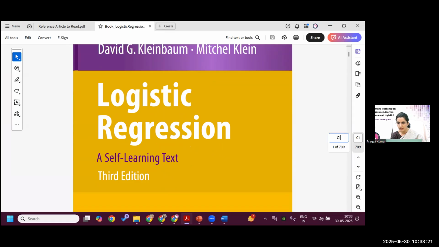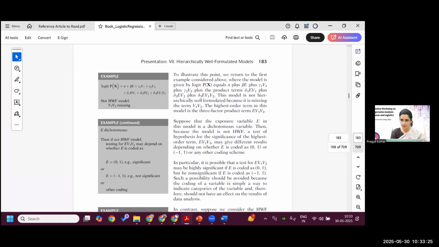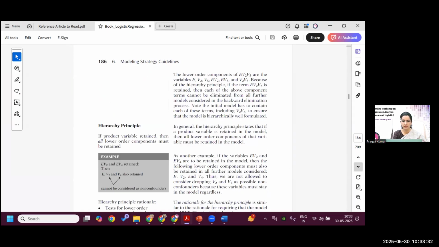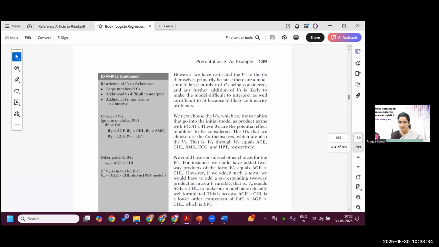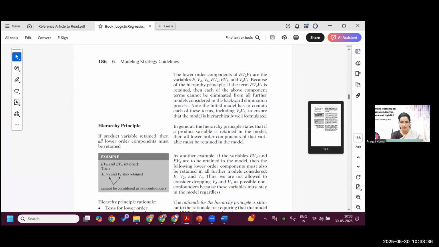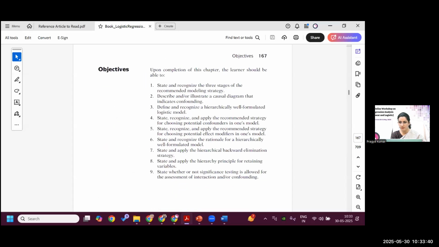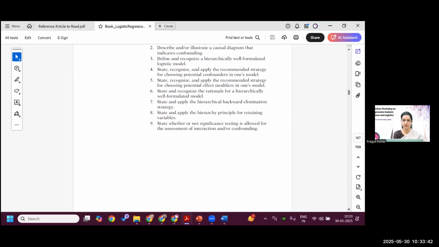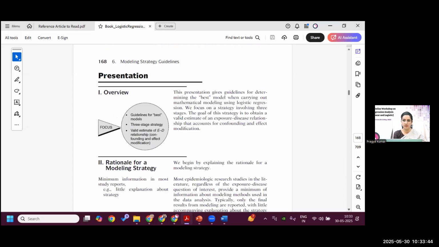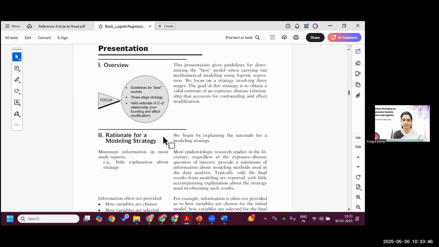If you go to page 183, this is chapter 6 and chapter 7, the rationale for a modeling strategy.